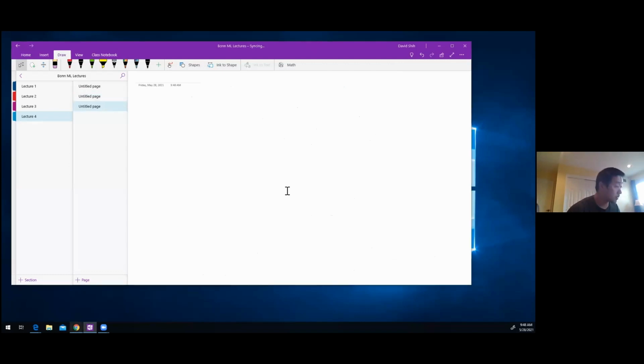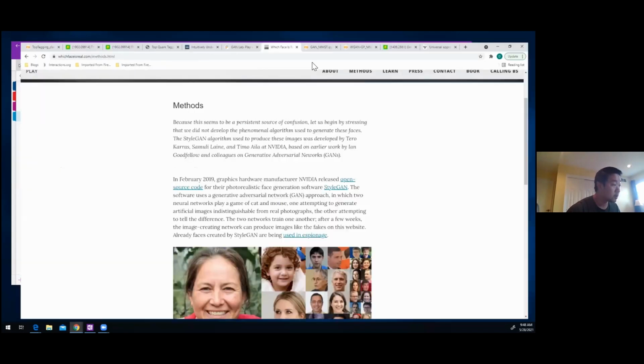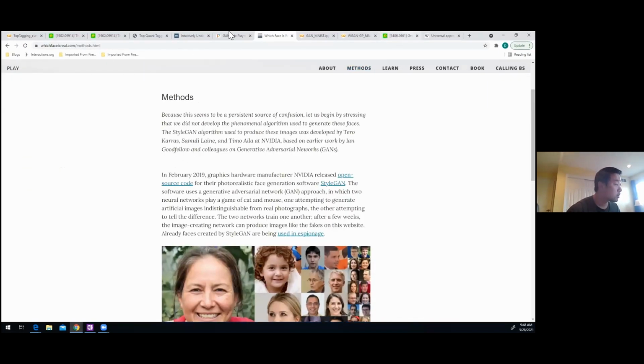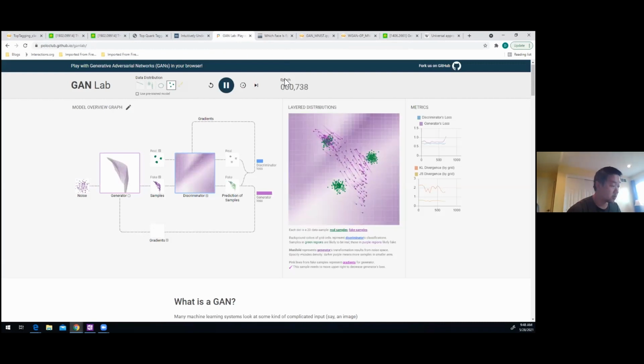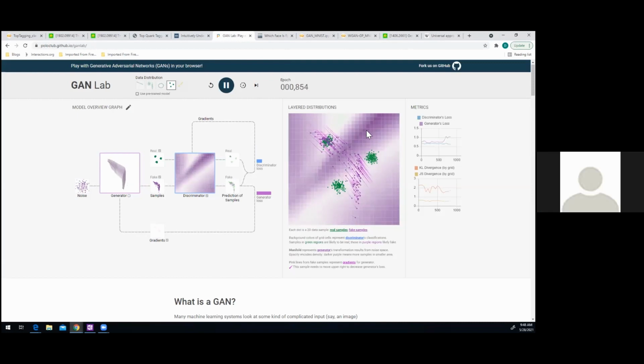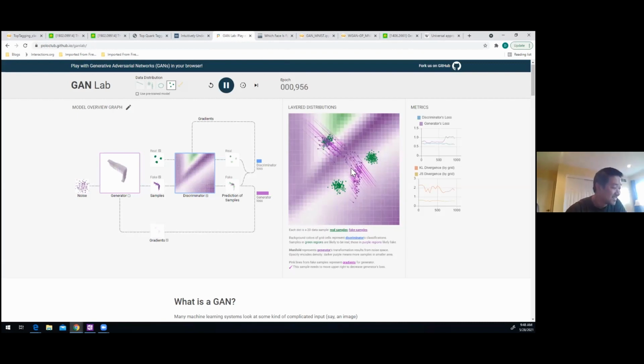Oh, how did our GAN lab thing do? Did it get stuck? Oh, it's qualitatively different this time. Not necessarily better though. It's not great.